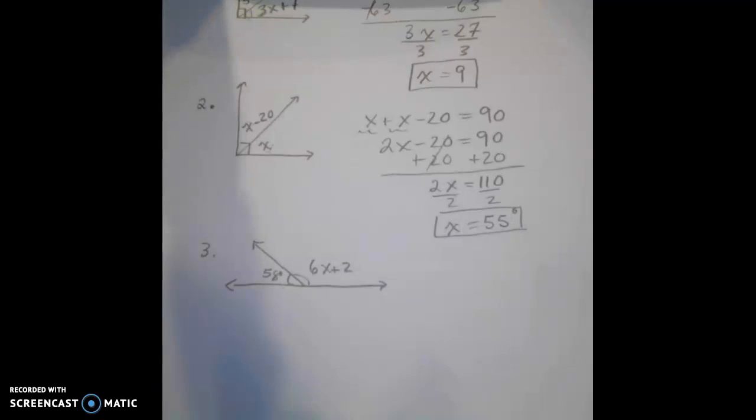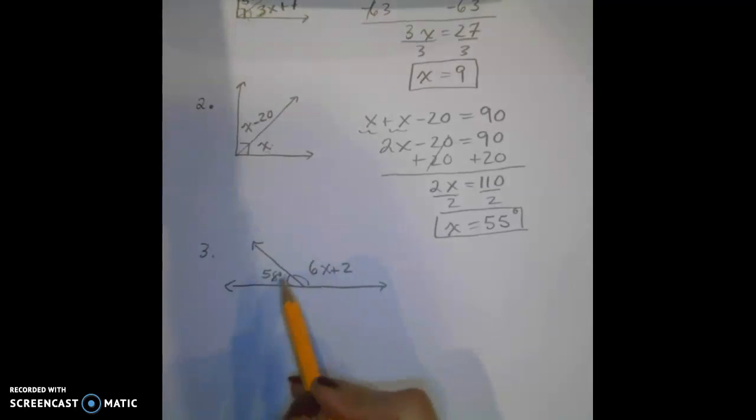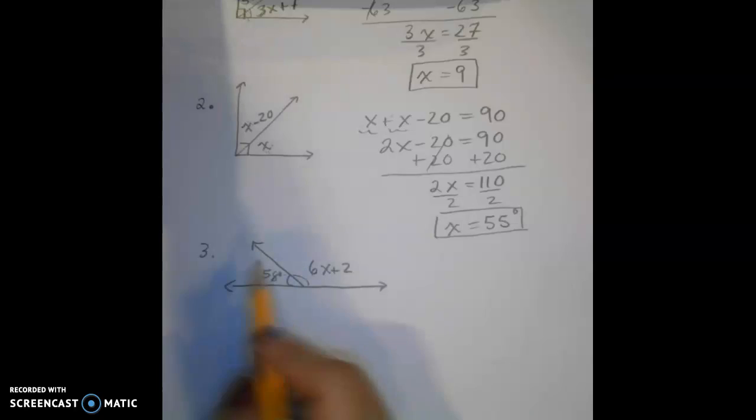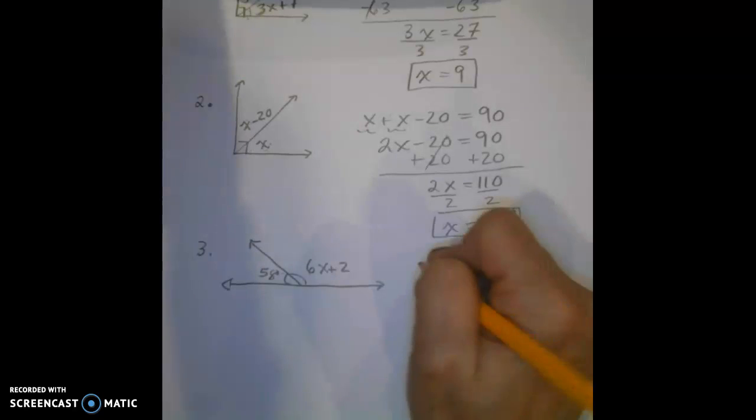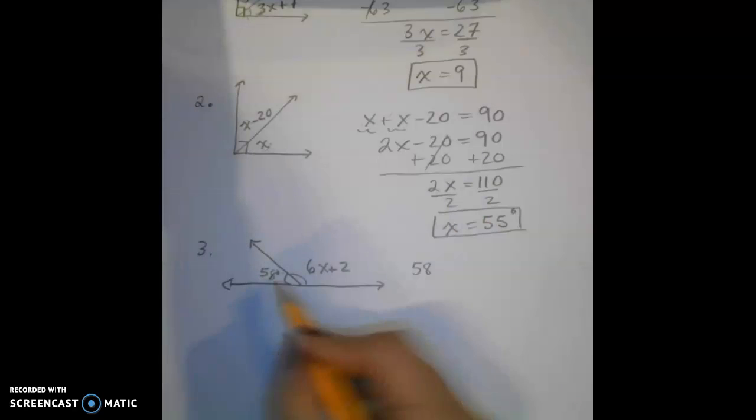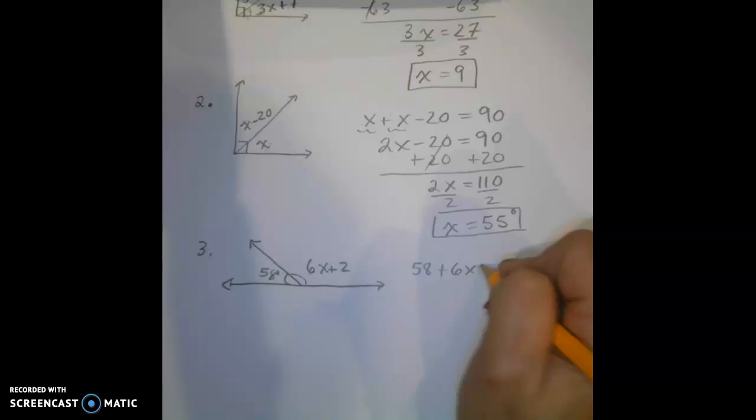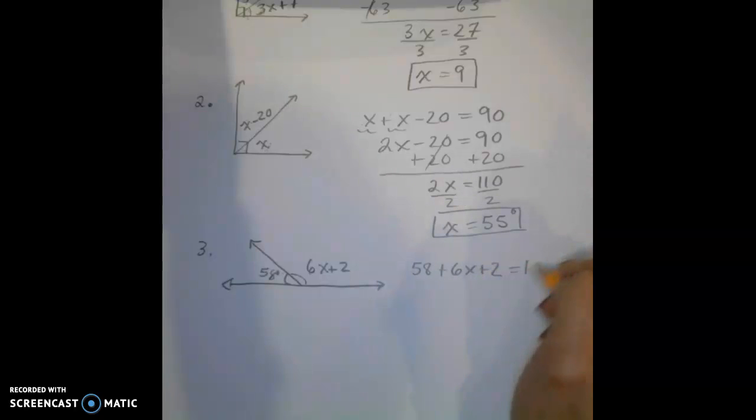Okay, so we have two angles that are adjacent and they create a line. They are a linear pair. So they are supplementary, which means they add to 180 degrees. So our equation should reflect that. I'll start with 58 plus 6x plus 2 equals 180.